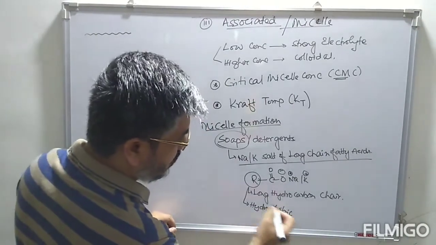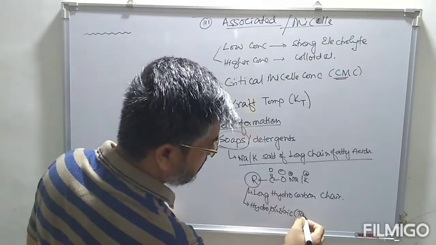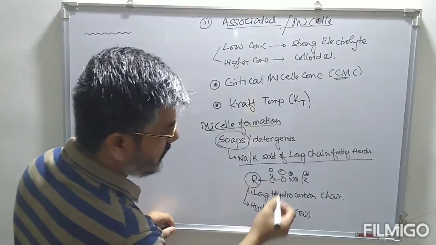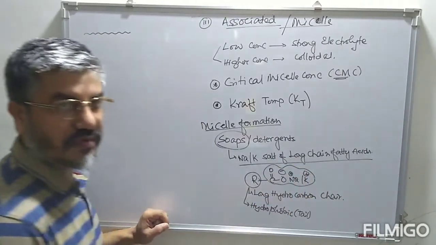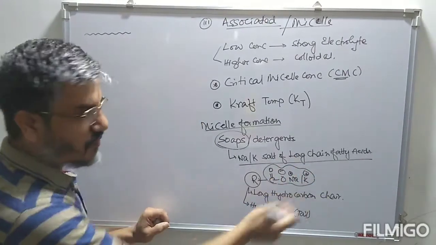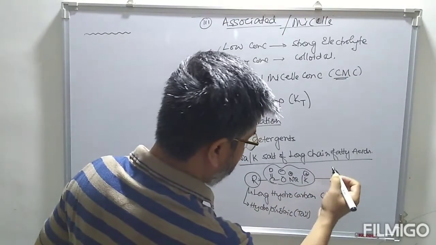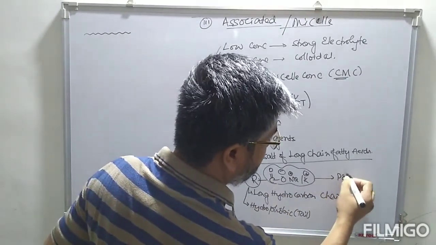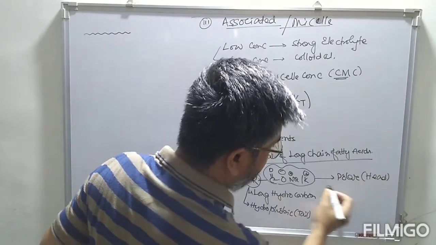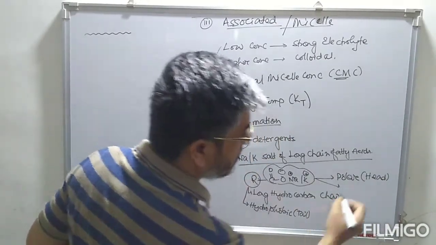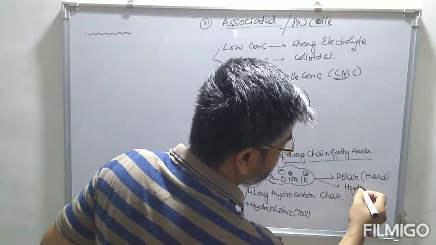This hydrophobic part is also known as the tail. And look at it, this is a salt. Salt is soluble in water. This soluble part is known as polar, and this is known as the head, and this polar part is hydrophilic.